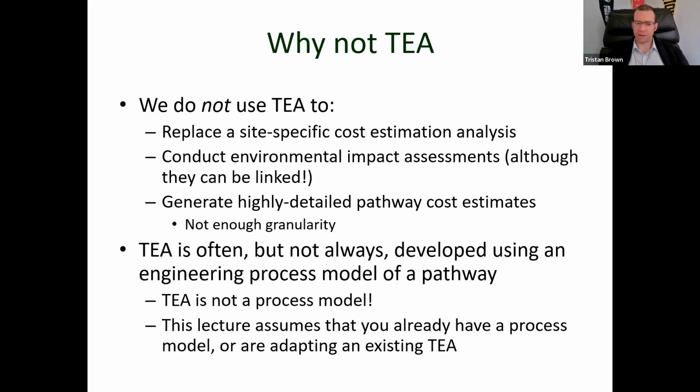All right, so that's another important distinction. In this lecture, when we talk about TEA, I'm going to be assuming that if you're building a TEA, you either already have a process model or you're adapting an existing TEA that in turn was built on an existing process model. So TEA is very closely linked to process modeling. Frequently a process model will be the first step to building a TEA, but TEA is not the same thing as an engineering process model.